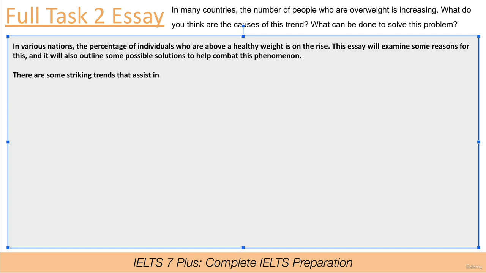So we're just giving the examiner an idea of what this paragraph is going to be about.